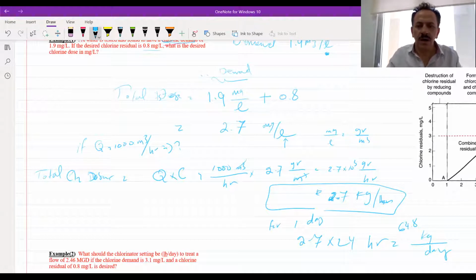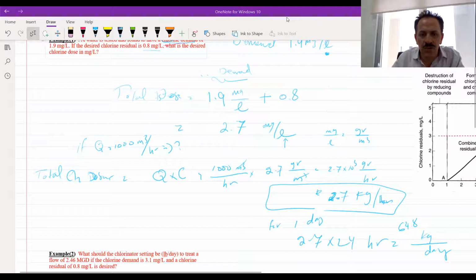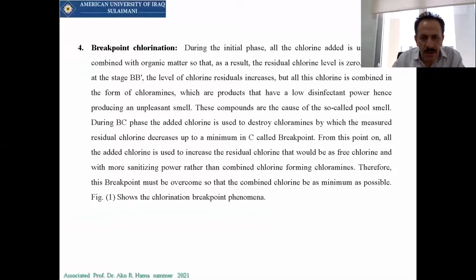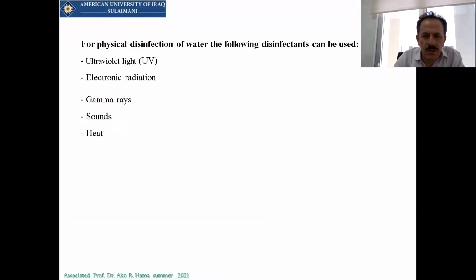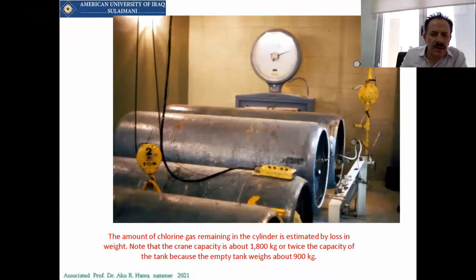Now, how do we store this quantity of chlorine in the water treatment plant? In a water treatment plant, the chlorine will usually be added like this. These are chlorine bottles, and the weight is about 1,800 kilogram.